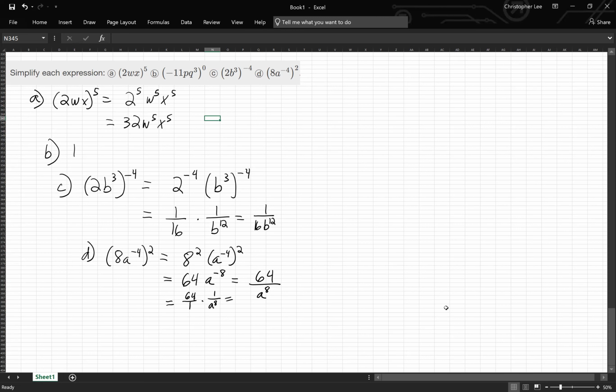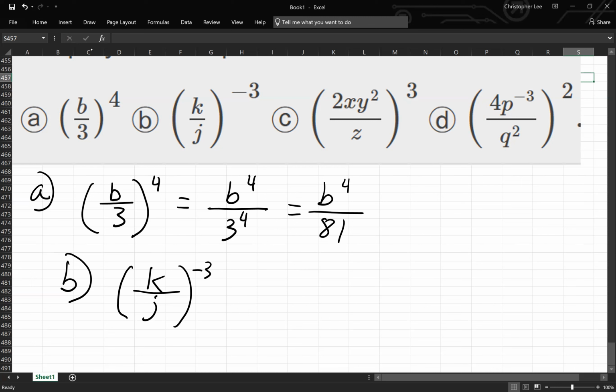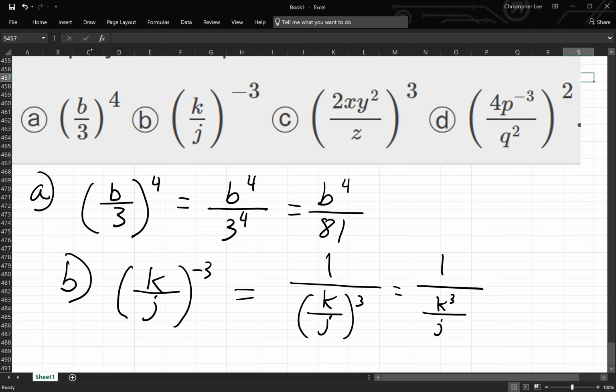All right. So now I got you. How about this one? I have K over J to the -3 power. What happens there? Exactly, it becomes 1 over K to the 3rd over J to the 3rd.